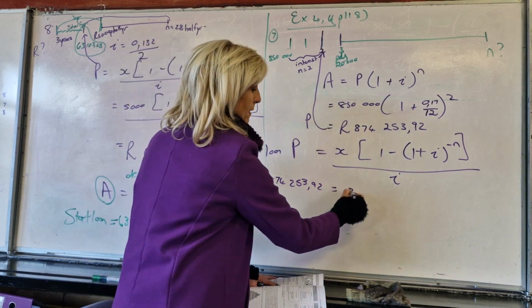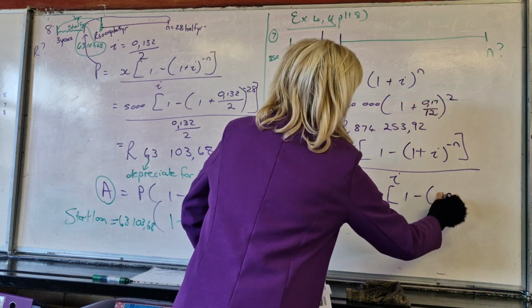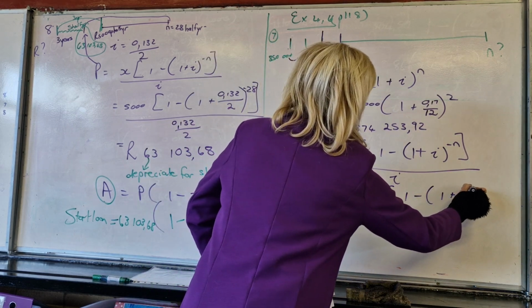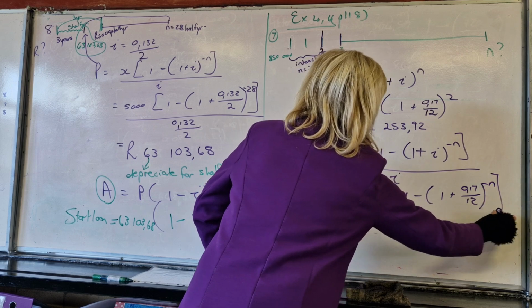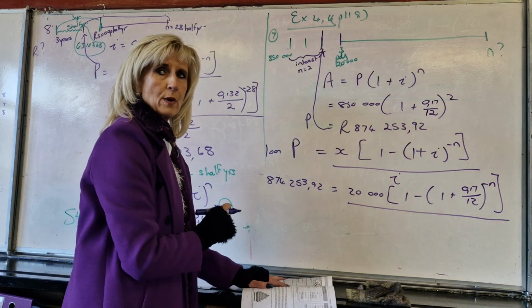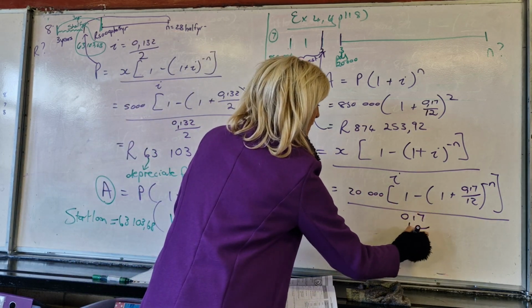X we know is 20,000. The interest rate is still 17% monthly. I'm trying to find out how long this is going to take me, and that's why I'm going to look for N. And the i is 0.17 over 12.